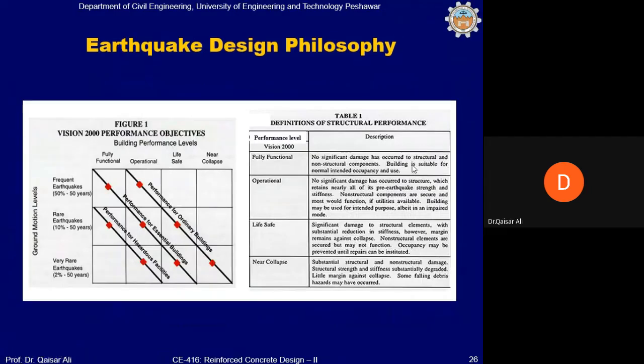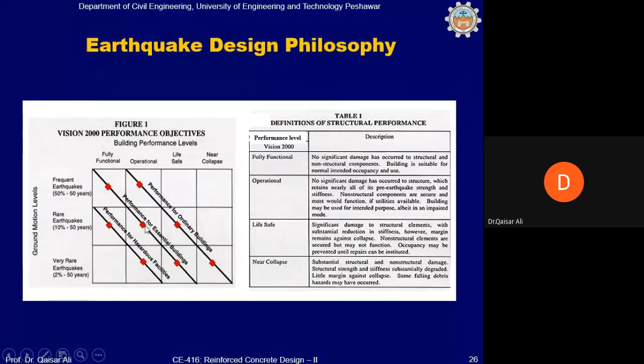Okay, so now we will discuss the earthquake design philosophy. In the left figure, you can see 3 lines in the graph. This line is for the performance of hazardous facilities.